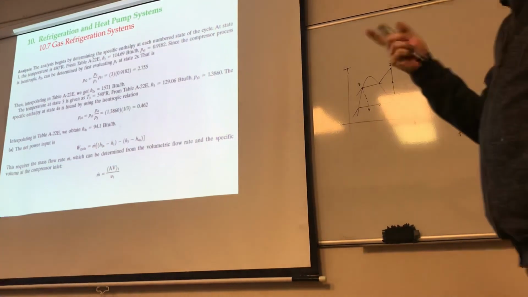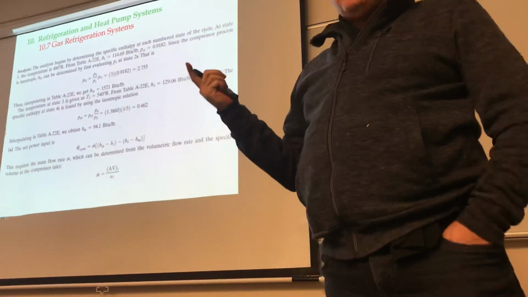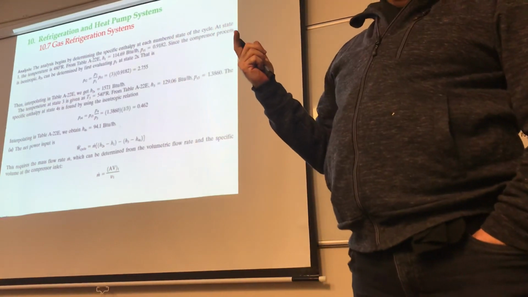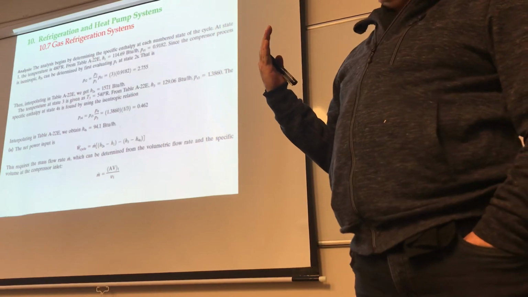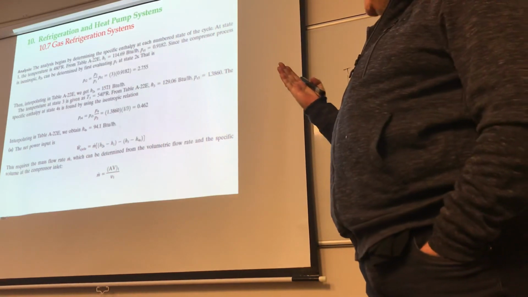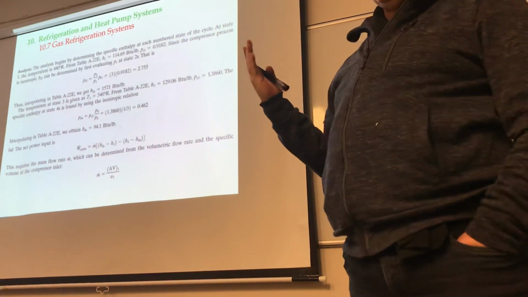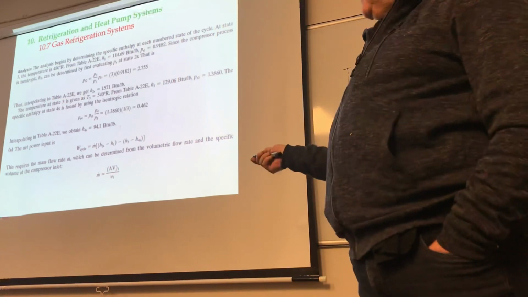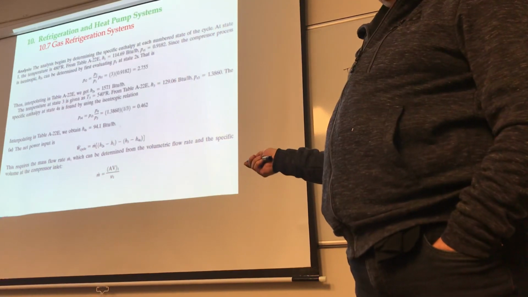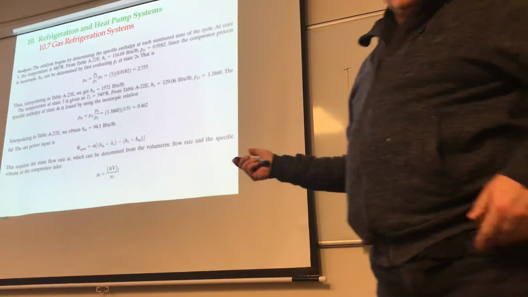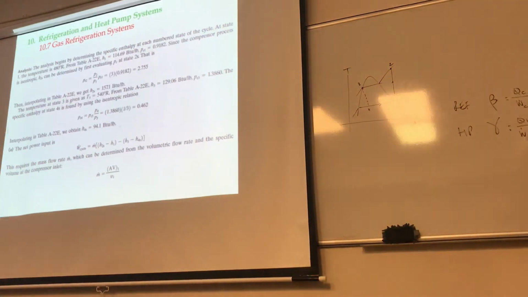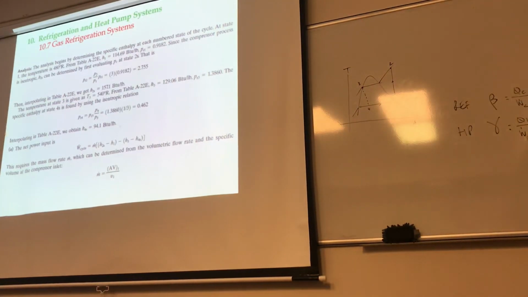Except that you probably have noticed this when you were reviewing your Brayton cycles. If the mass flow rate, for example, is not given to you, remember this famous equation, AV over v, you know, that's a common one. And sometimes an ideal gas equation may be asked to do.